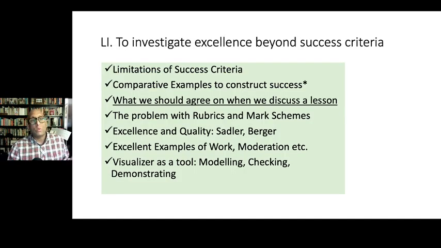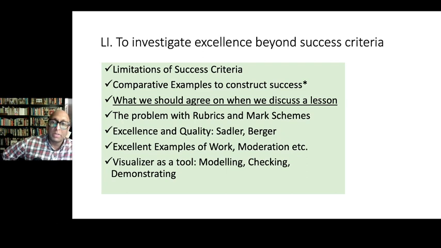So today we've investigated how we can do excellence beyond the success criteria. We've talked about the limitations of success criteria and examples of comparative examples. I looked at bringing things together and what I would like to see, the shared language that we could develop for what should actually be in a lesson.